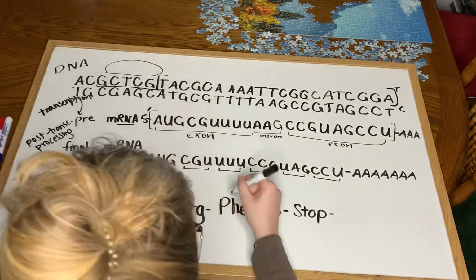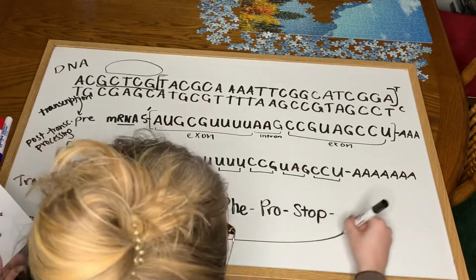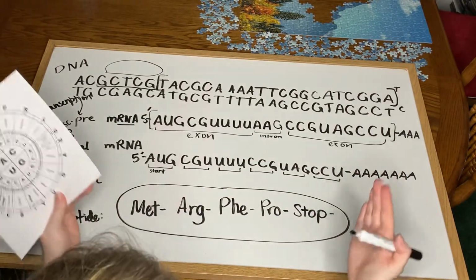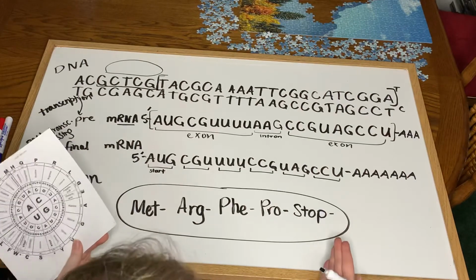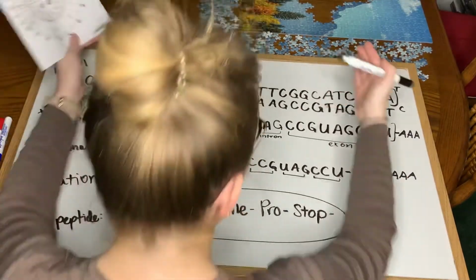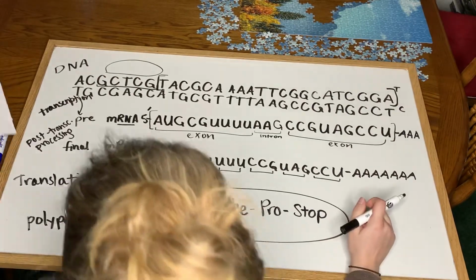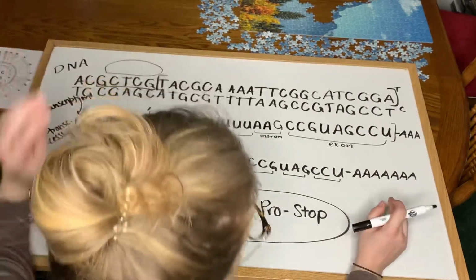Translation stops, and this is your final polypeptide. This is your protein. This is what you intended to make. This is protein synthesis. You went from DNA to a protein, all right? Now remember, I said we'll pretend that this is a flower gene.